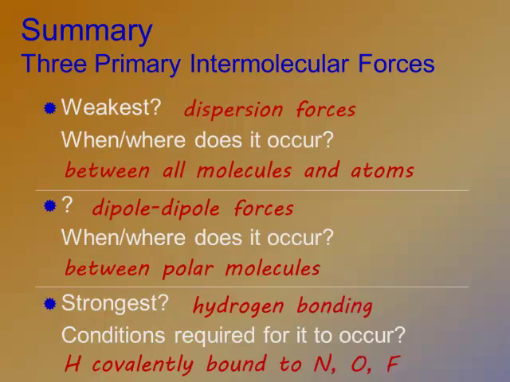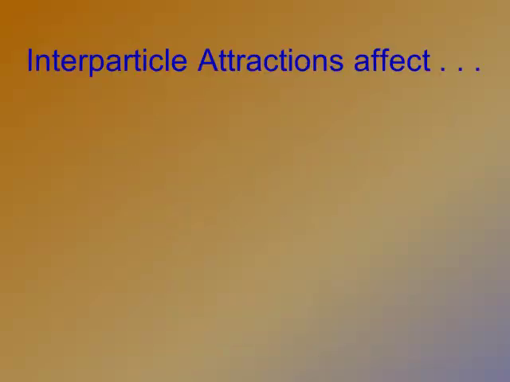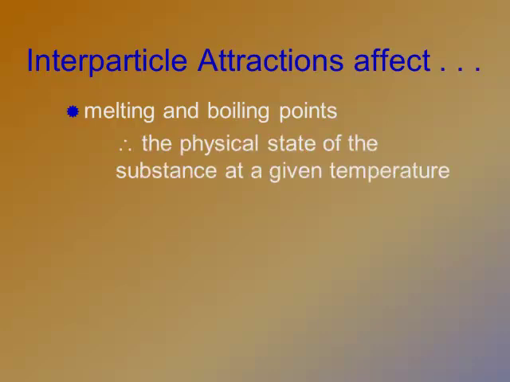By now, you might have lost sight of why we started discussing IMFs in the first place. The forces of attraction between particles affect the macroscopic properties of the substance. Properties like the melting point and the boiling point of the material, and therefore its physical state of matter at a given temperature.